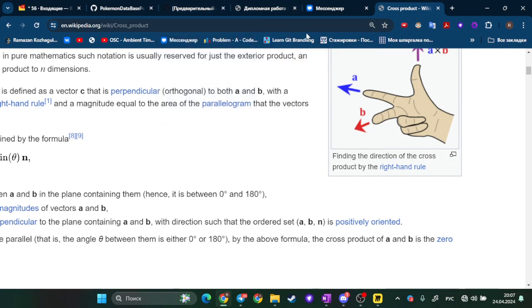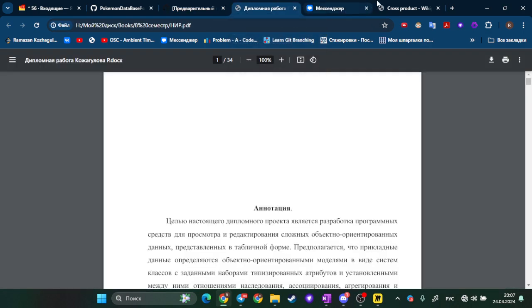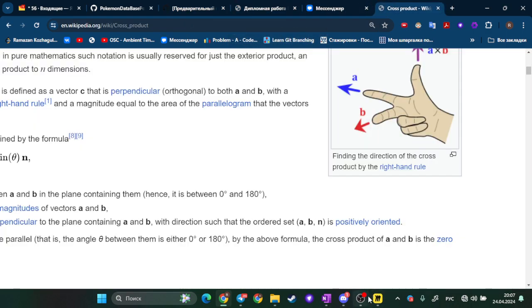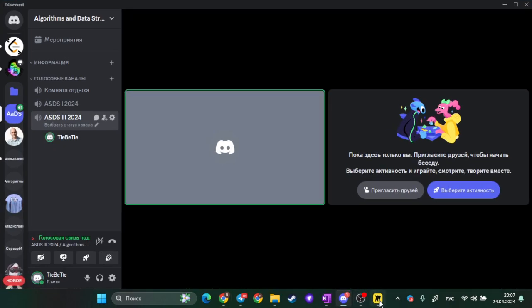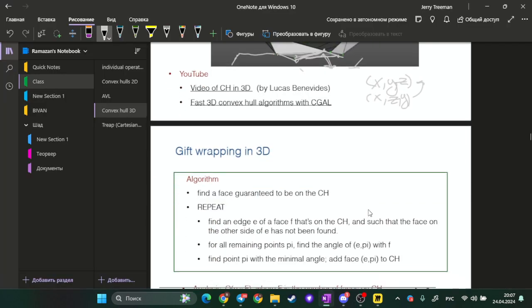Okay, and you need to choose it. You need to find out how to orient your face outward using this rule.